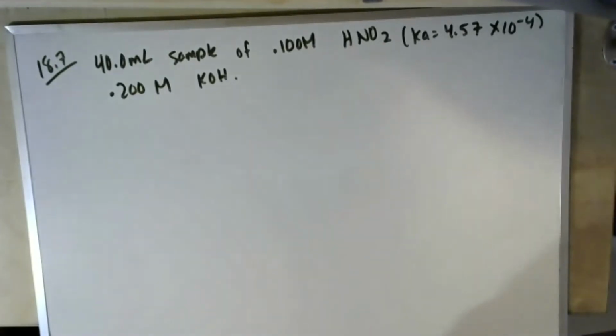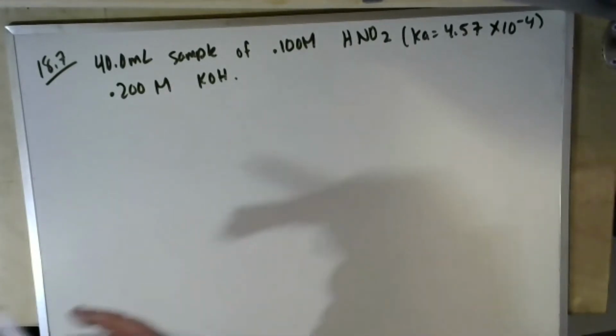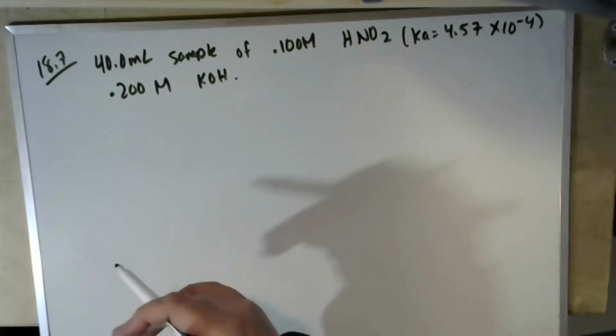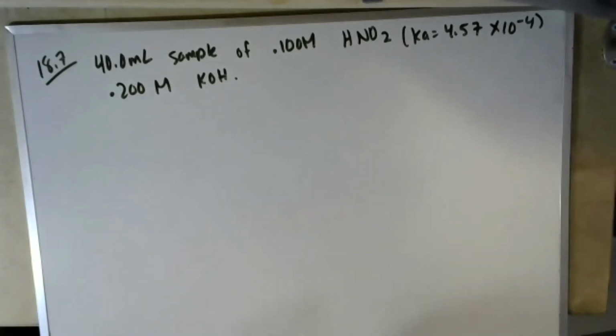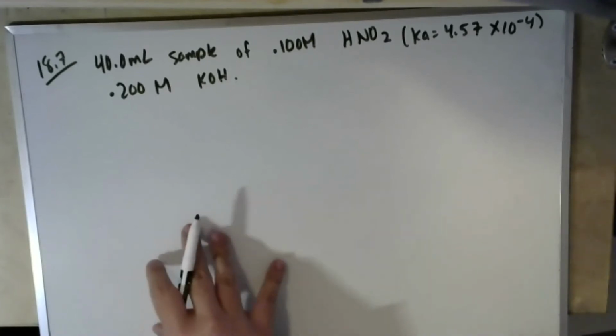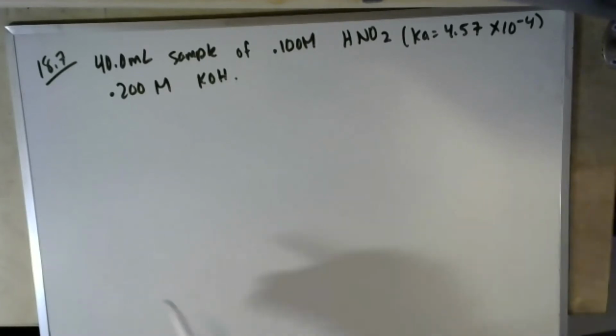Now, you're going to be adding the KOH to the nitrous acid in small amounts. And we've picked the points that we're going to look at the pH of the solution. But you have to remember that we're starting with a flask of nitrous acid and we're adding the potassium hydroxide to that.